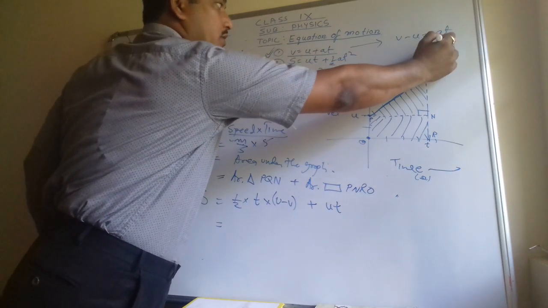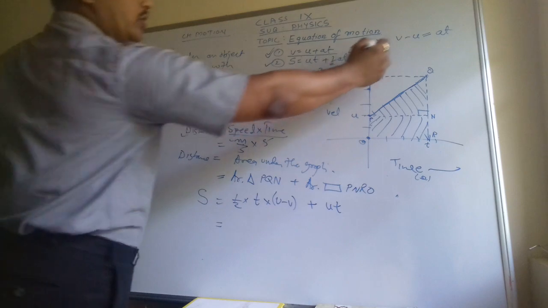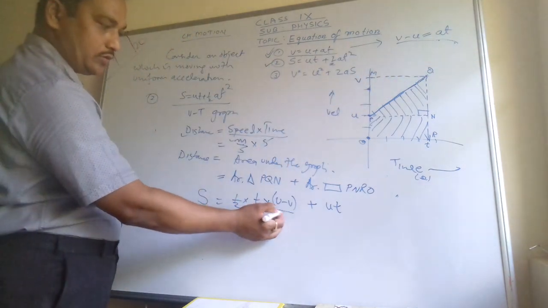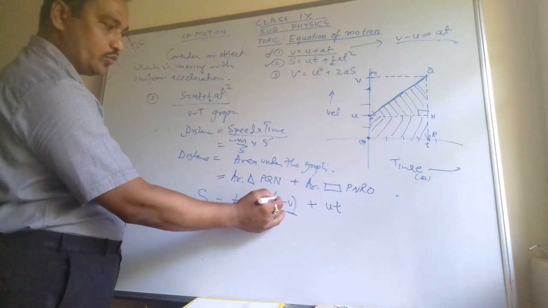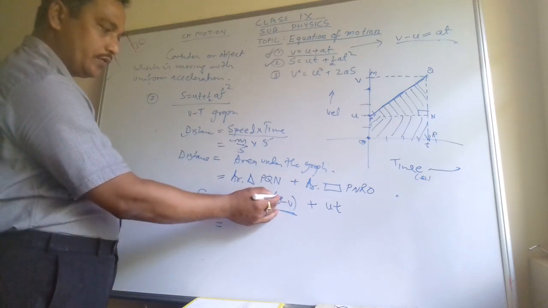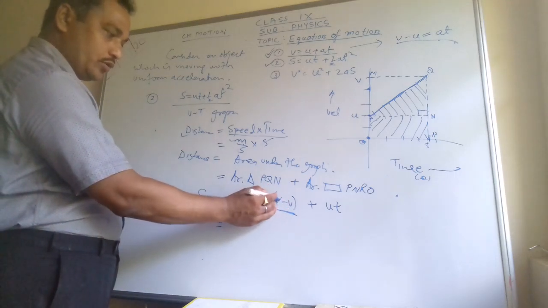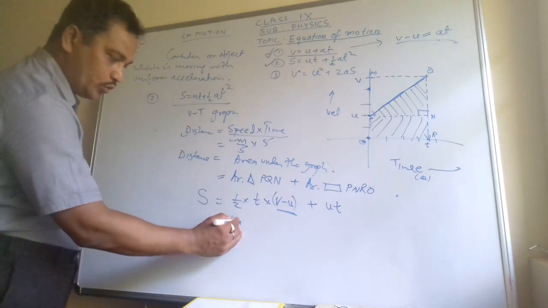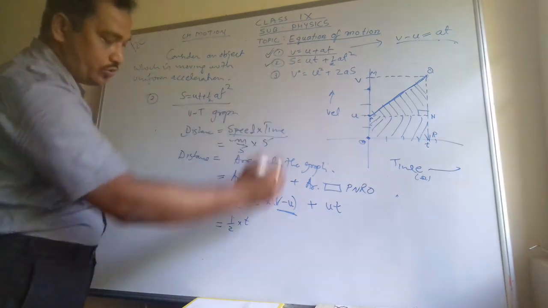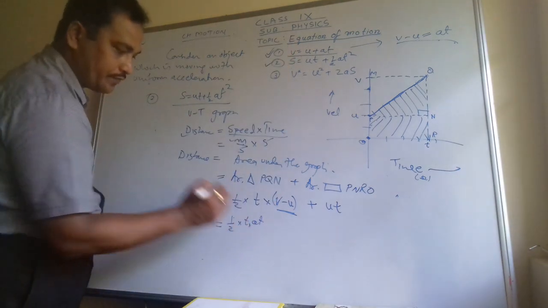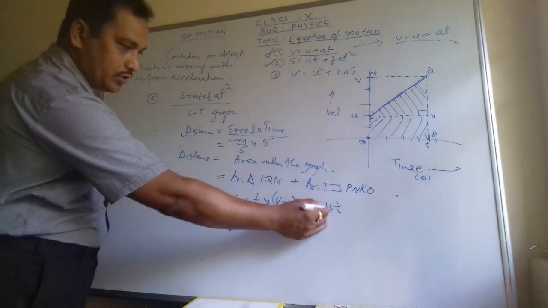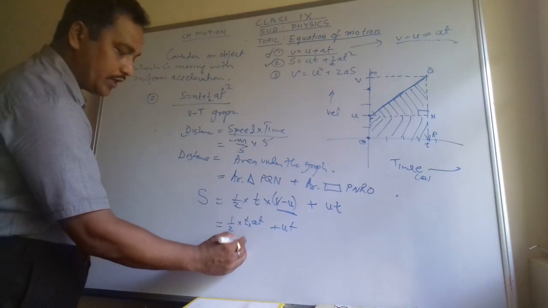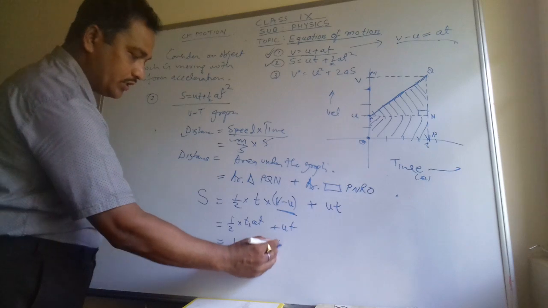So we will put this value of V minus U from the first equation in place of V minus U. Okay. So let us do that. So here it will become half into T, and V minus U is AT, plus UT. So total will become half A T square plus UT.